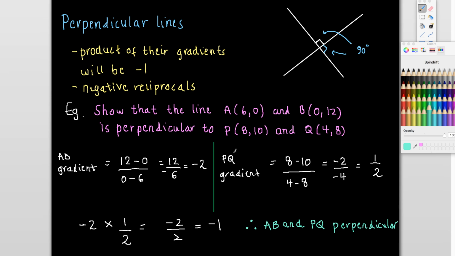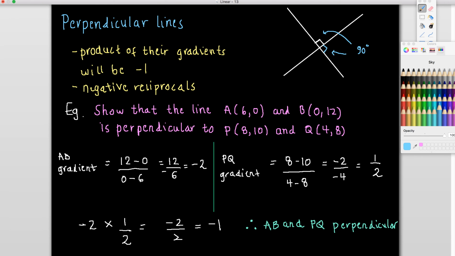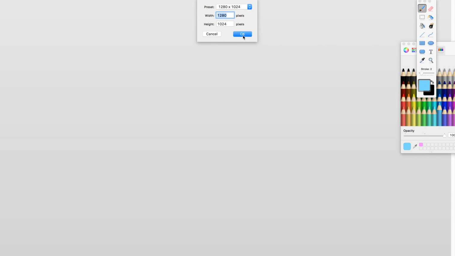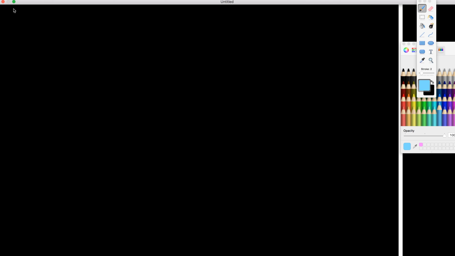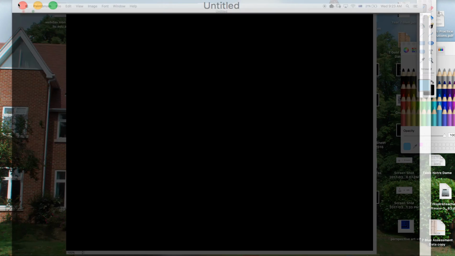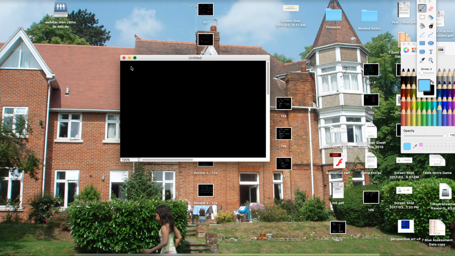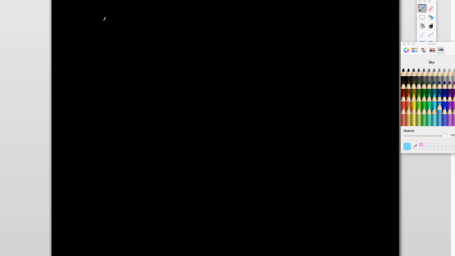I was saying before that they're negative reciprocals, so again, let's check this. I might just open a new slide actually, so I've got some more space. There we go. My two gradients, they were 2 and -1/2. So remember, this is 2/1.